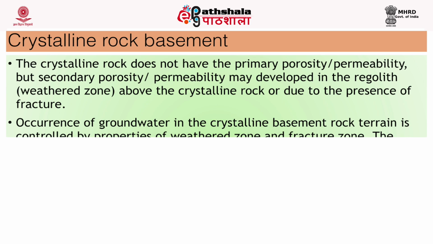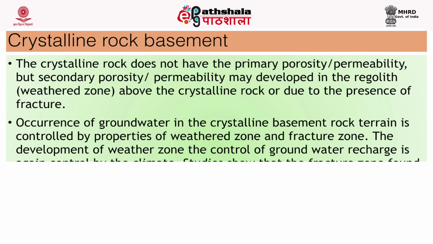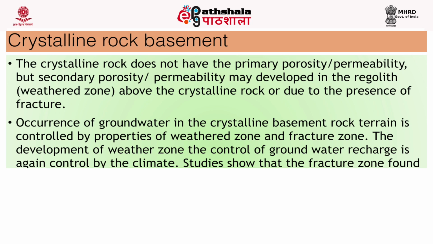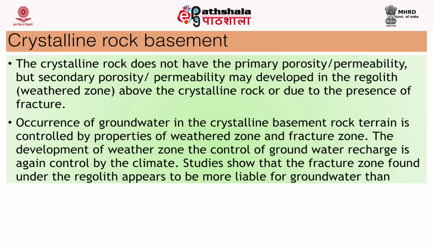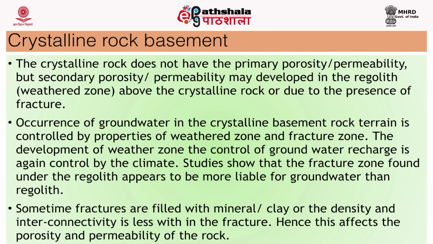The development of the weathered zone, and the control of groundwater recharge, is again controlled by the climate. Studies show that the fracture zone found under the regolith appears to be more favourable for groundwater than the regolith. Sometimes fractures are filled with mineral, clay or density and the interconnectivity within the fracture is less. Hence, this affects the porosity and permeability of the rock.